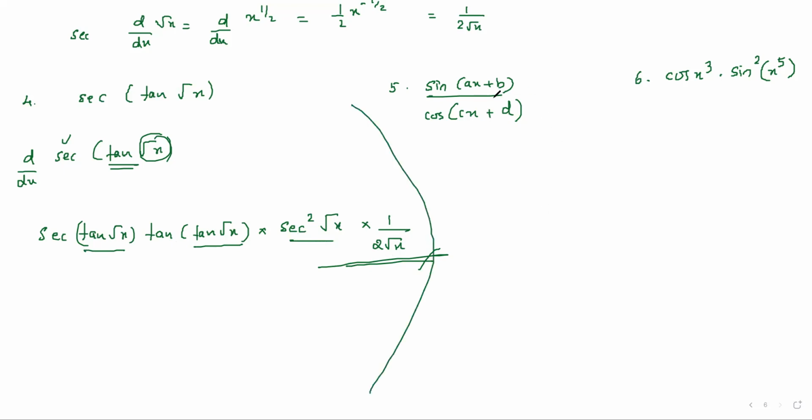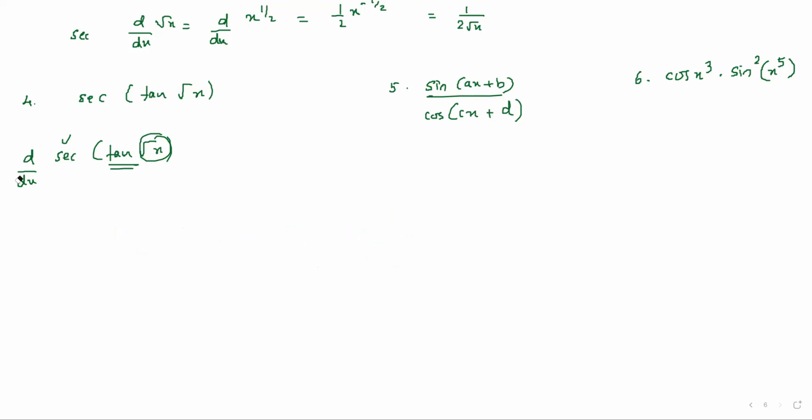And the next is question number 5. It's an important question. Sin of ax plus b by cos of cx plus d, by division. So division means which rule you have to apply? I'm just erasing the question number 4 answer here, because there won't be space to write. Here you can see that it is a quotient or division, sin of ax plus b by cos of cx plus d.